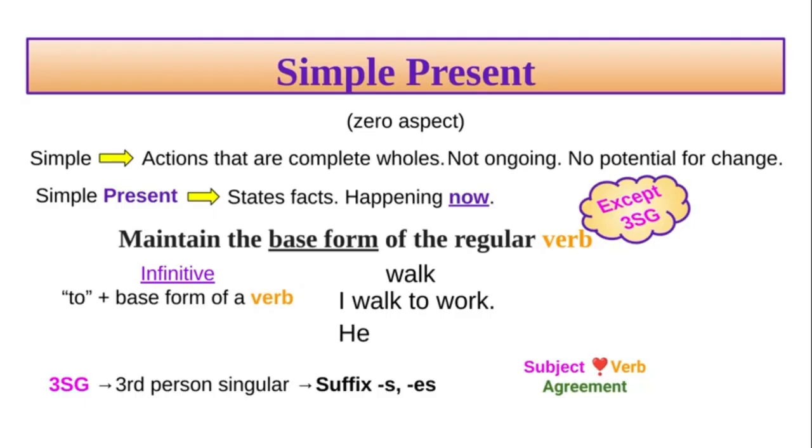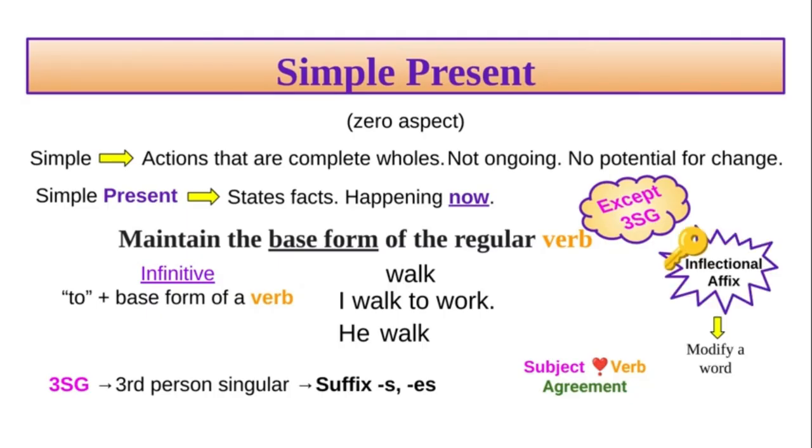Now, to conjugate the verb in the third person singular, let's use the third person singular pronoun he. We're going to need an inflectional affix to modify our verb to agree in the simple present using the third person singular pronoun.